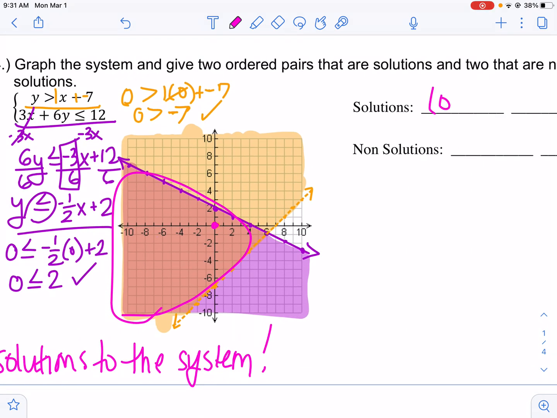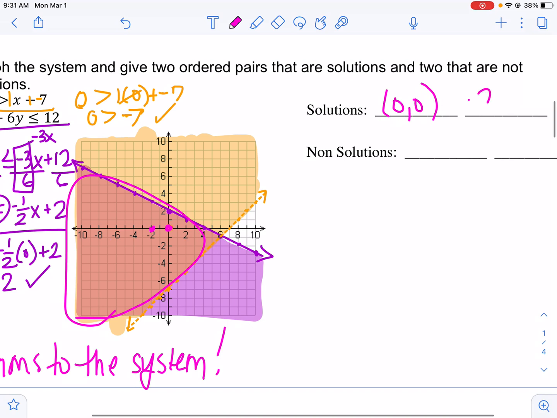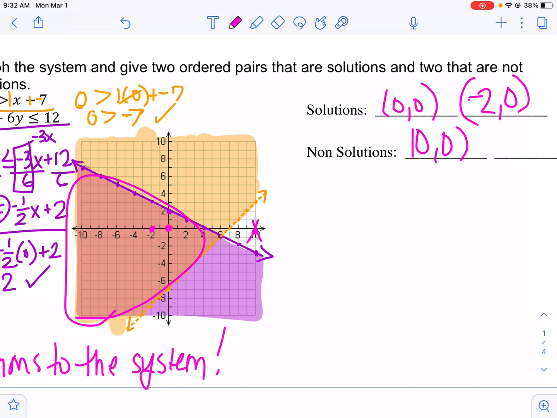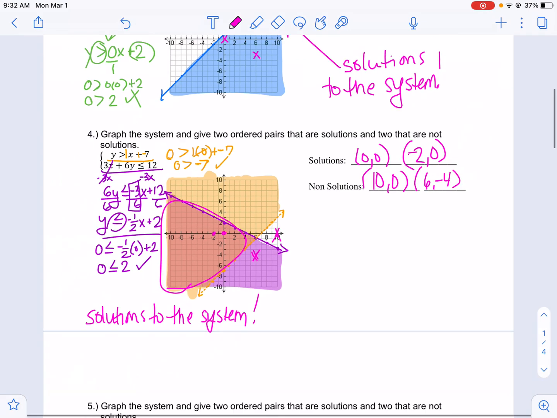That's a solution. It was true for both of my inequalities. I'll also choose -2, 0. Again, there are many correct answers for this. Non-solutions are either in the purple only, the orange only, or the white. So 10, 0 is a non-solution, and 6, -4 is a non-solution.